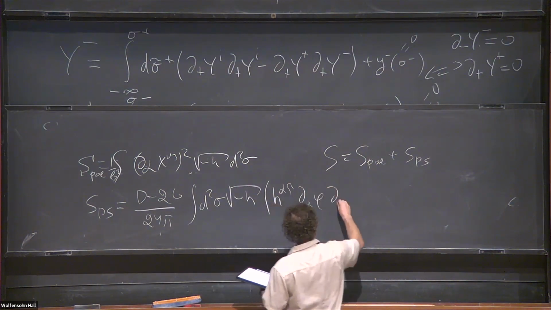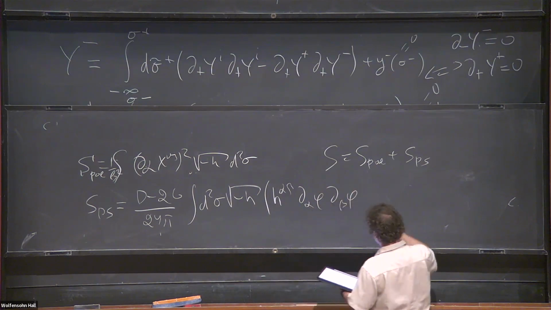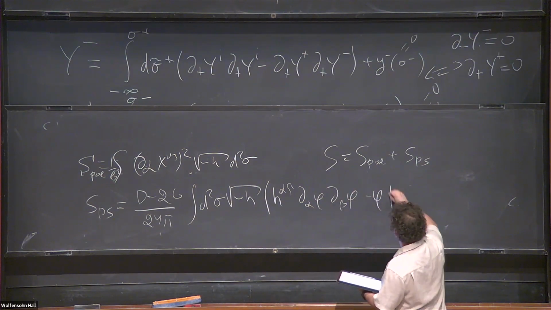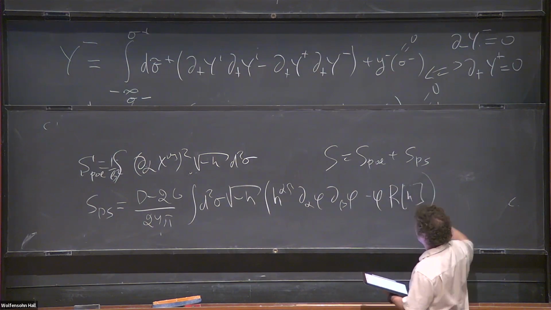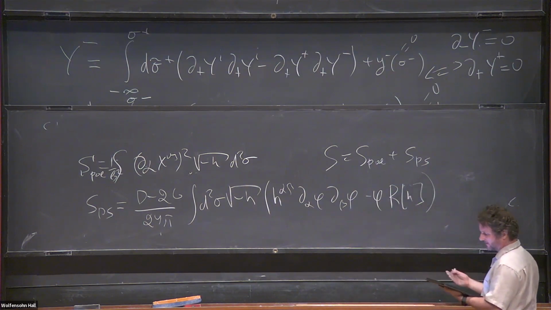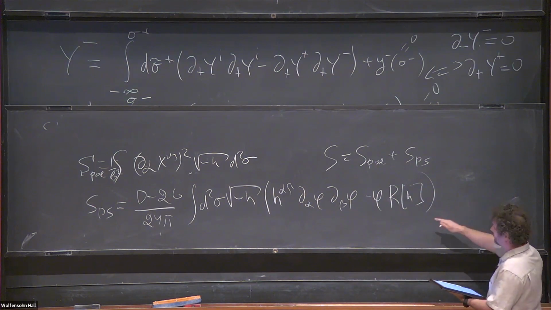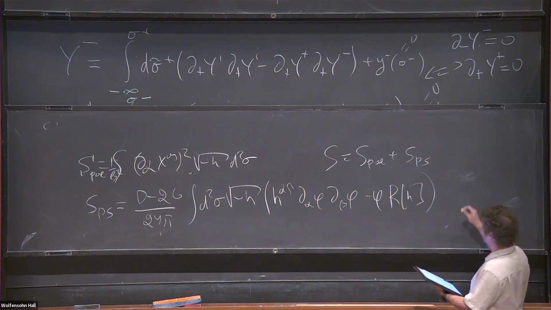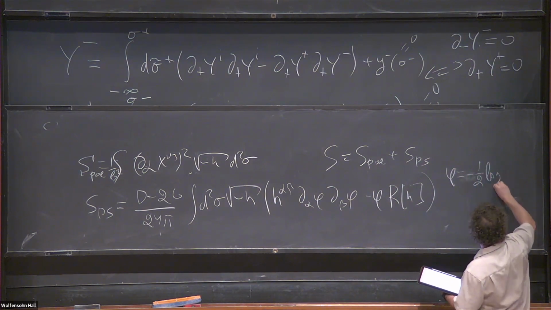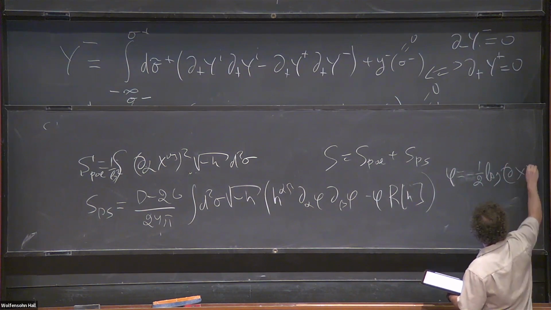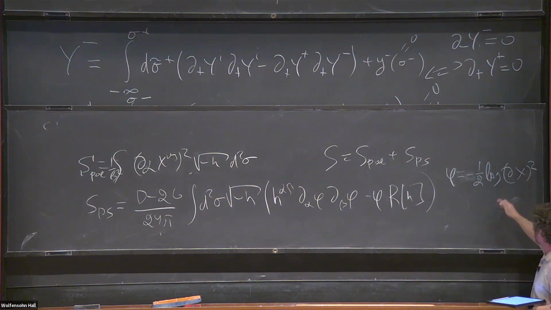So it looks like a linear dilaton theory, but here this phi is not an independent field, but itself a composite operator of my theory, of this form: minus 1/2 log of ∂X squared.